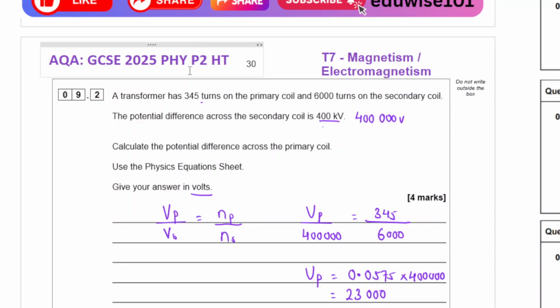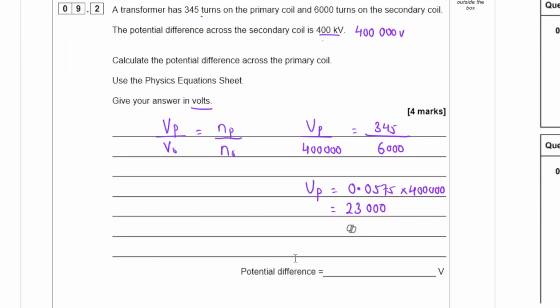Now if you didn't do the conversion for the voltage, you'll get the answer as 23 volts, and then you can multiply it by 1,000. The answer is 23,000.